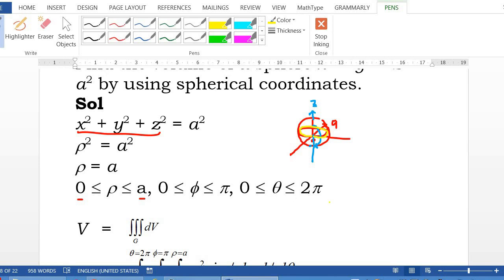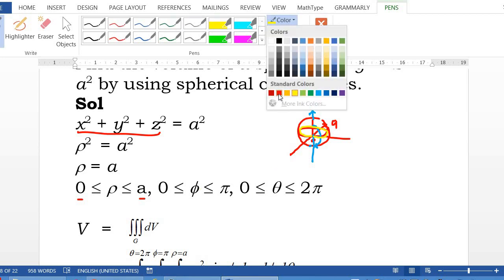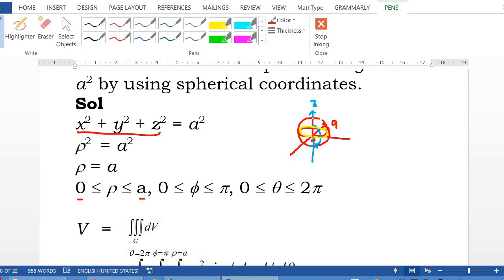Think of an orange. Rho is the radius of the orange. Then phi, you touch from the top surface of the orange until the bottom surface, which is a half cycle, so phi is 0 to pi.